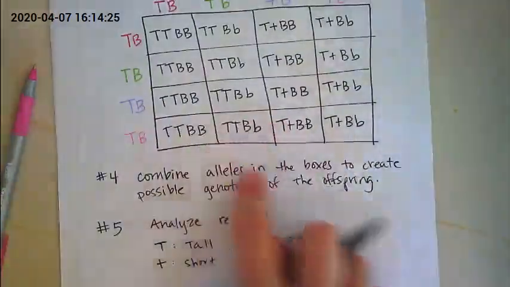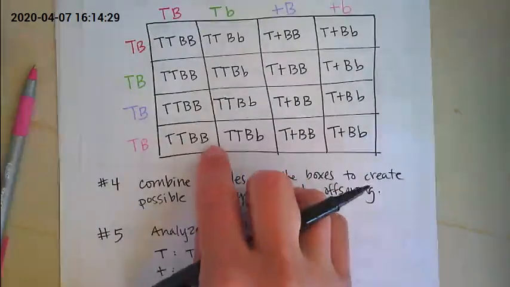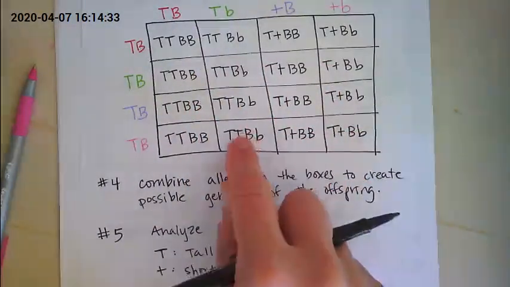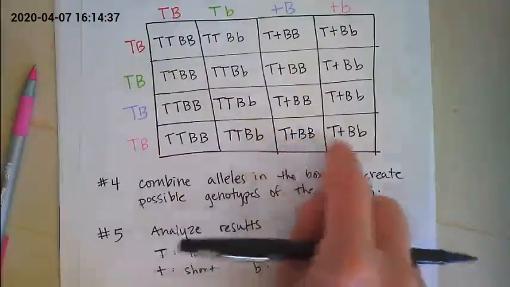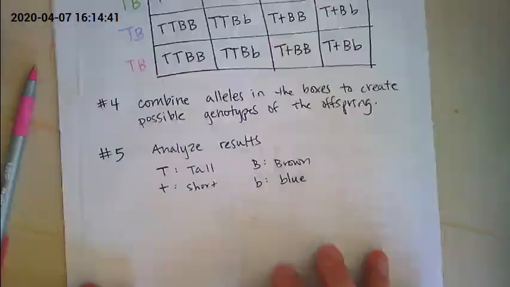Okay, so looking at this isn't the most interesting of results because every single possible outcome has at least one capital letter. And so that means they're going to have the dominant traits.